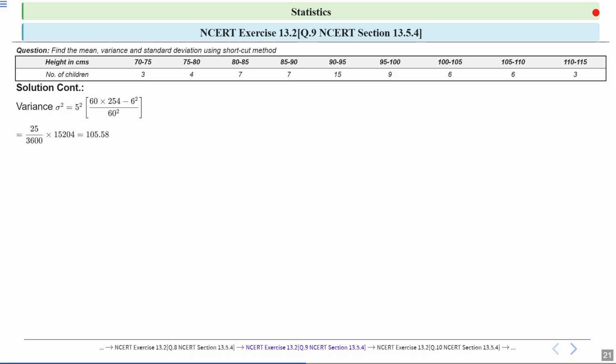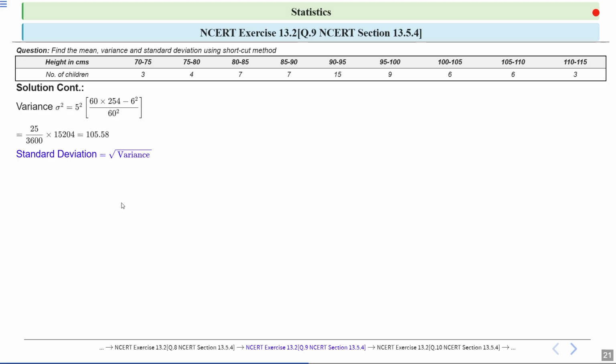And after simplifying, we get 25 divided by 3600 times 15204, and this is simply 105.58. So variance sigma squared equals 105.58.